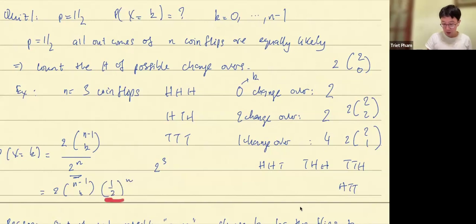And here it's basically the probability of each coin flip raised to n by independence. So you can see it that way. But yeah, 2 to the n is the total number of ways that you can have coin flips. These are the total number of ways for you to have K changeovers.